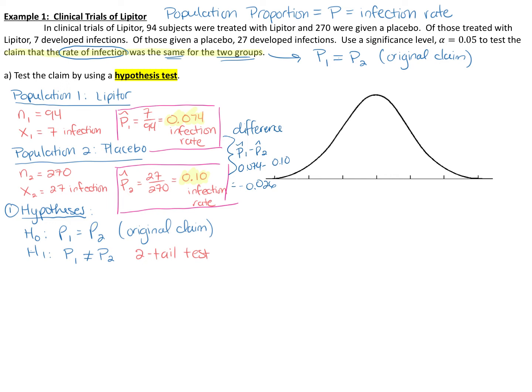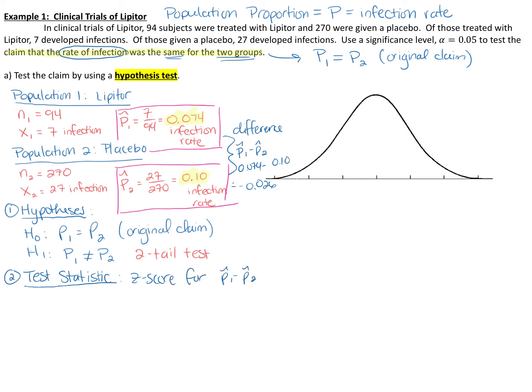So in order to figure out if that difference is statistically significant, we're going to have to calculate the test statistic for the difference in our two sample proportions. The test statistic is going to be a z-score for our p hat 1 minus p hat 2 value.